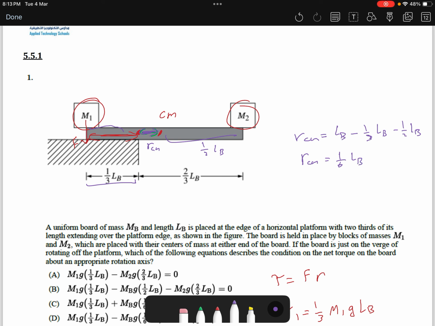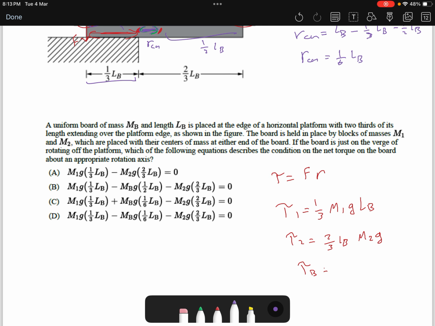Yes, 1 over 6 LB. Let's substitute it here. Tau B equals F times R. F is MB times G. So 1 over 6 MB times G times LB. So those are the 3 torques we have here.